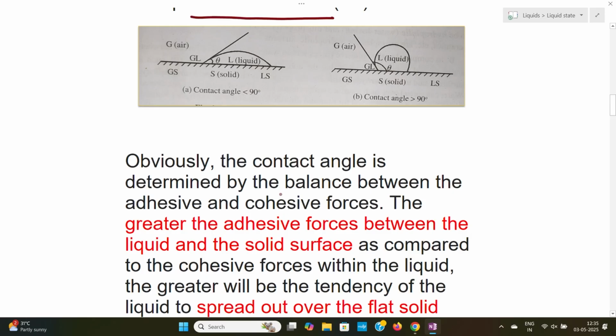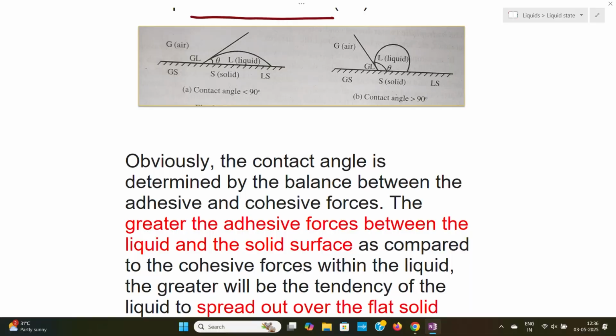How do we determine the contact angle? This contact angle is related to the strength of the adhesive and cohesive forces.